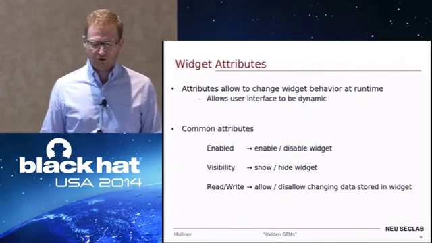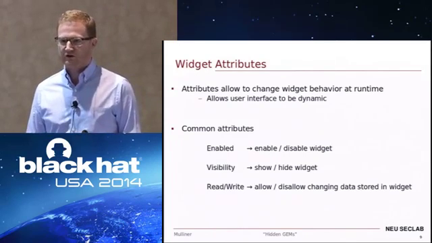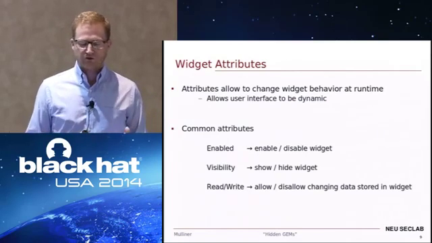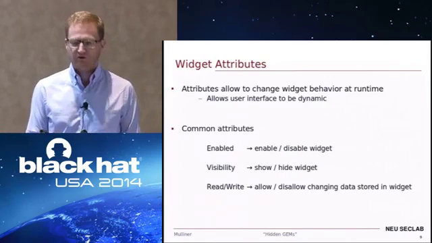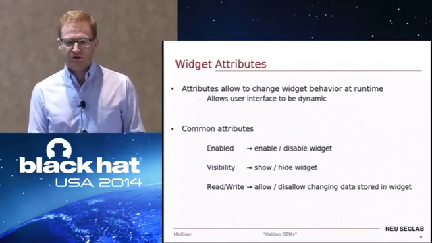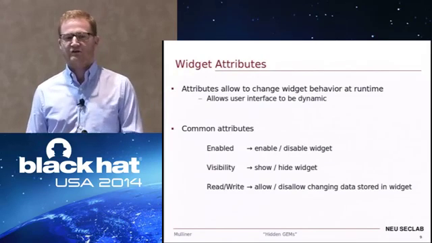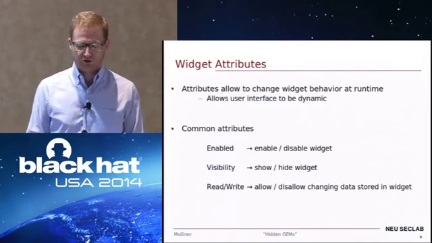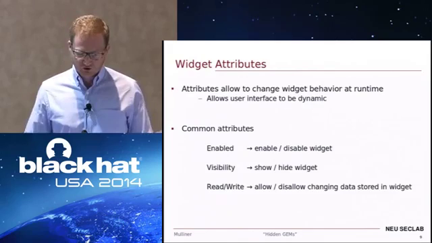All those widgets have attributes because you want to modify the behavior of a widget at runtime. You want to have a nice dynamic user interface. So, three common attributes: you can enable or disable a widget, you can hide it or show it, and you can change some properties. If it takes any kind of user data, you can say, okay, this element can only be used to view data, or the user can only look at stuff but not change it, or the user can also change it.